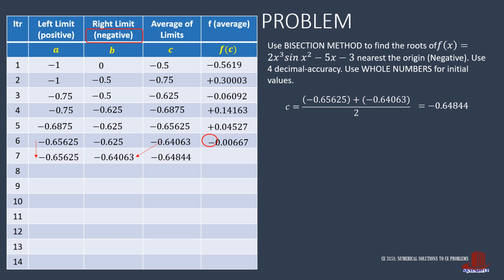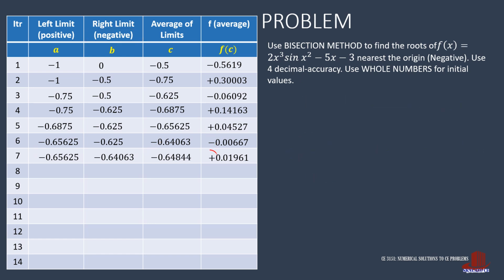Place this value into the function and have twice of negative 0.64844 cubed plus sine of negative 0.64844 squared minus 5 of negative 0.64844 less 3. This is simplified as positive 0.01961.